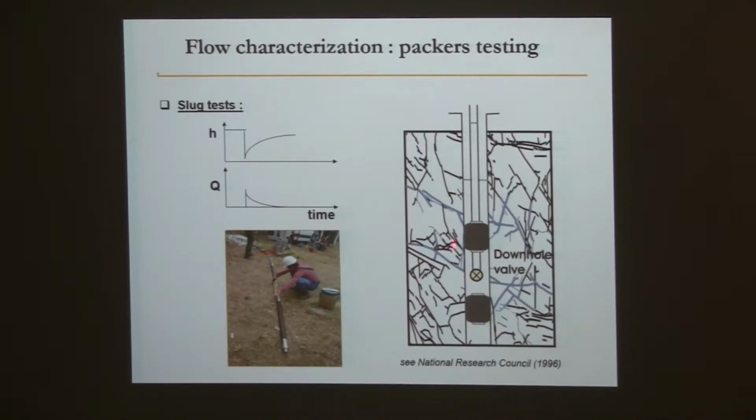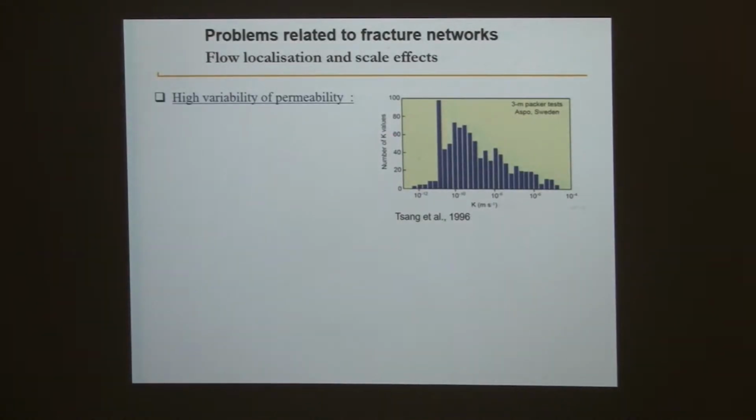Typically in that case there are different methods, but what is often used is packer testing. Maybe Jan Olof, you will speak about that a bit, but you can do packer testing with different separations for the chamber, and you can do hydraulic tests, for instance slug tests, injection tests, different kinds of tests to infer the permeability.